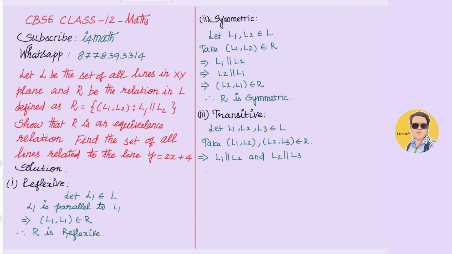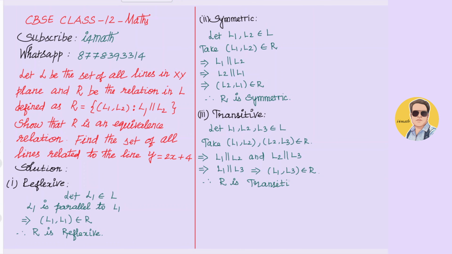So L1 is parallel to L2 and L2 is parallel to L3. Can we conclude L1 is parallel to L3? Yes, L1 is parallel to L3. So the ordered pair (L1, L3) belongs to R. So R is transitive. See, R is reflexive, R is symmetric and R is transitive. So hence R is an equivalence relation.